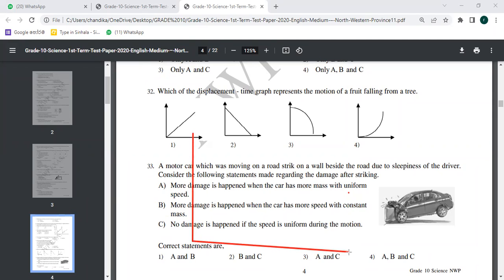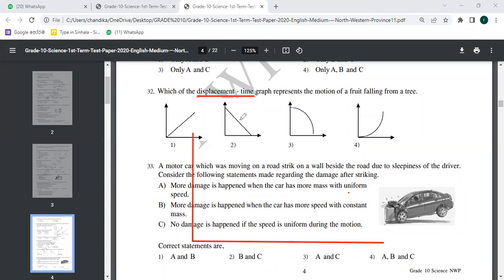If I'm drawing a displacement time graph like this, in a displacement time graph, if an acceleration occurs, what happens to the graph?